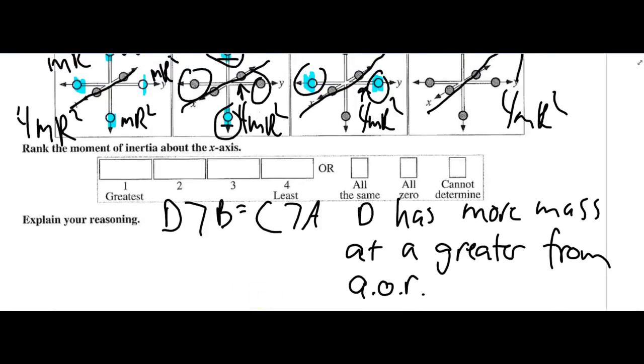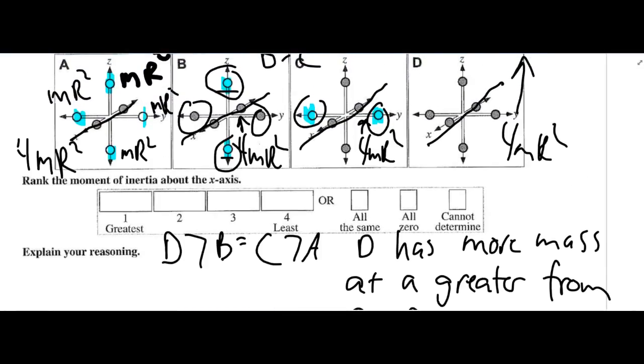So again, all of them were 4mr squared, but certain ones had more mass. The masses of them were different, so I went with the one that has more mass, the greatest distance.